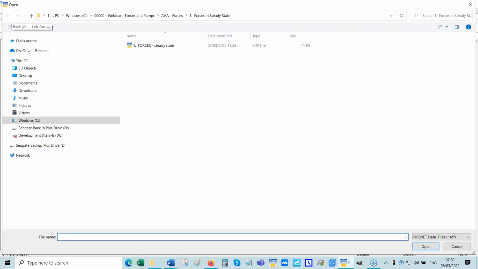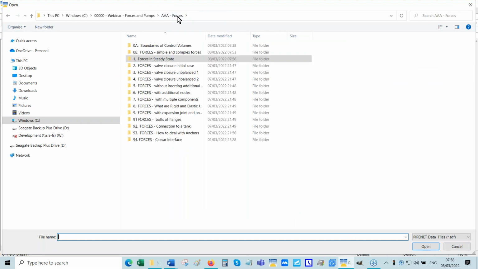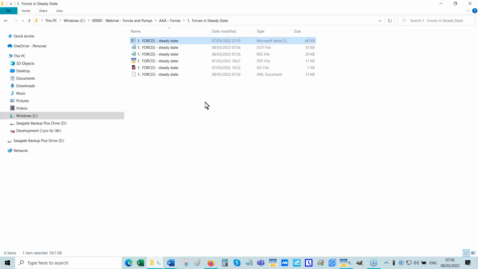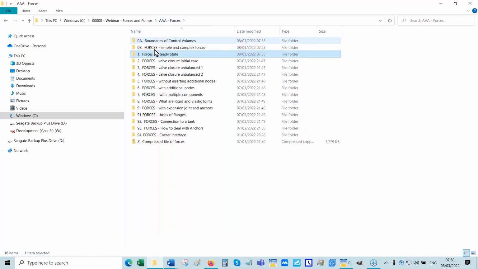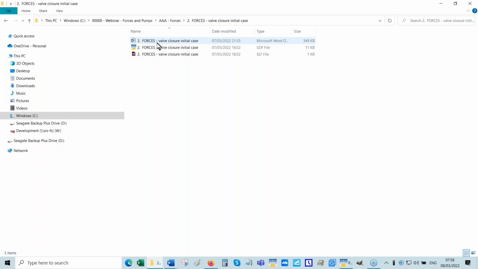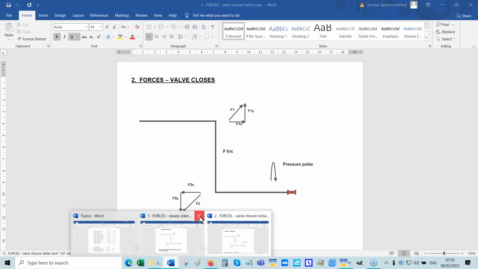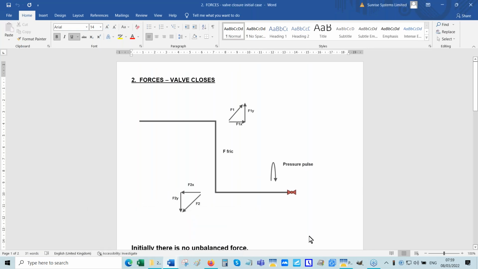Okay, let's go on to the dynamic cases now. The valve was initially, no, it's better to go here. I'll keep closing those documents because otherwise we'll get a large number of documents. So this valve is closing, okay? And that creates a pressure pulse. And I will assume, just for argument's sake, that this pressure pulse is a very, very narrow spike.